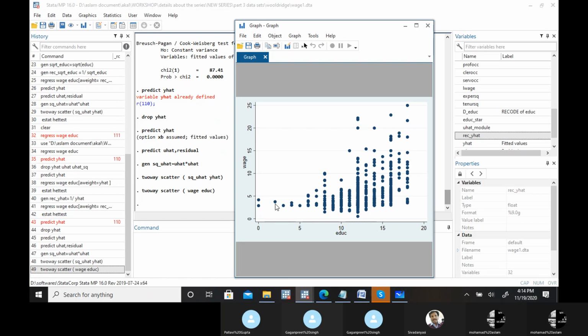In the beginning, these outliers are not representing this particular data, and on the higher side as well, there are outliers.